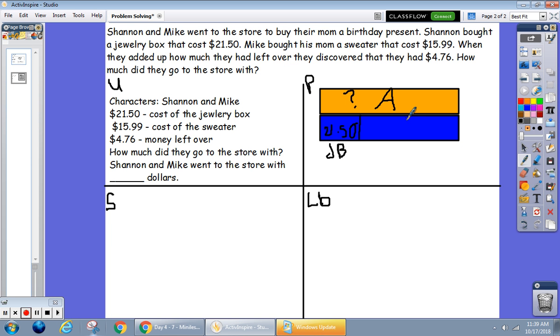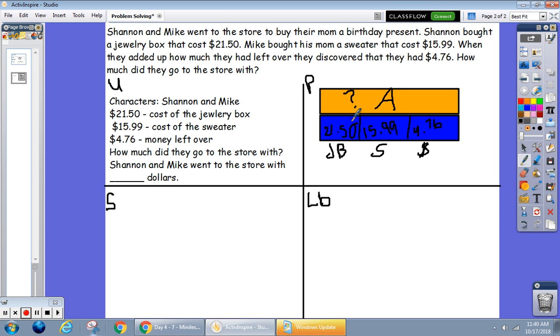I know one part is $15.99. That's how much they spent on the sweater. And then I know one part is $4.76, and that is going to be our money left over.